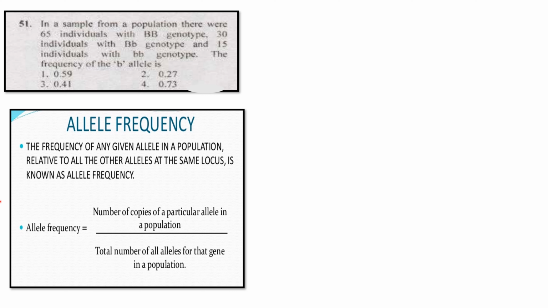The formula is the number of copies of the particular allele in a population divided by the total number of all alleles, that is genes, in a population. According to this formula we will find the answer.